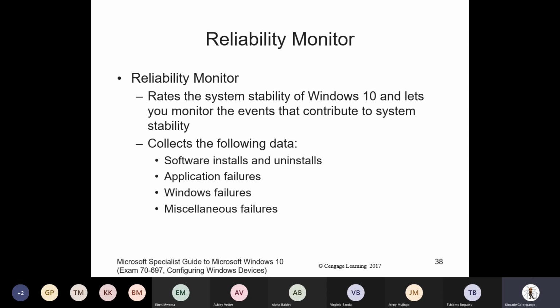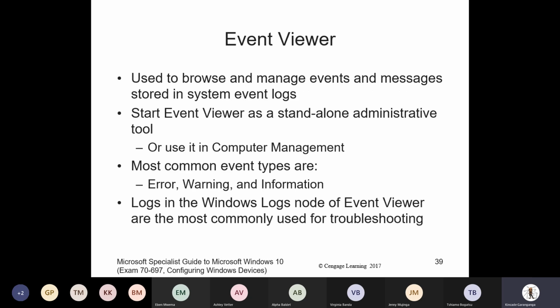So it's just a way of checking system stability associated with your Windows 10 installation. It does that by monitoring events that contribute to system stability, and what we've just mentioned would be a typical example of those issues.